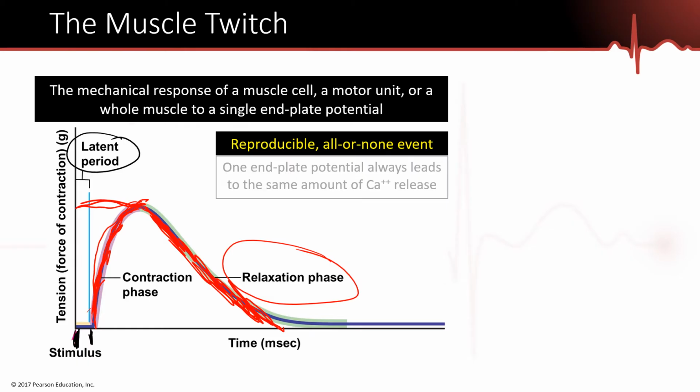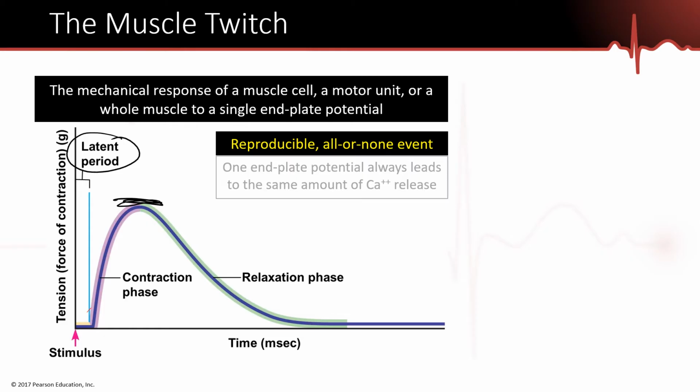This is a muscle fiber twitch, this image right here. You'll see this a lot in different textbooks and research studies. Now, the big thing about a twitch, besides the different phases, is that the amount of force the skeletal muscle fiber generates is submaximal.